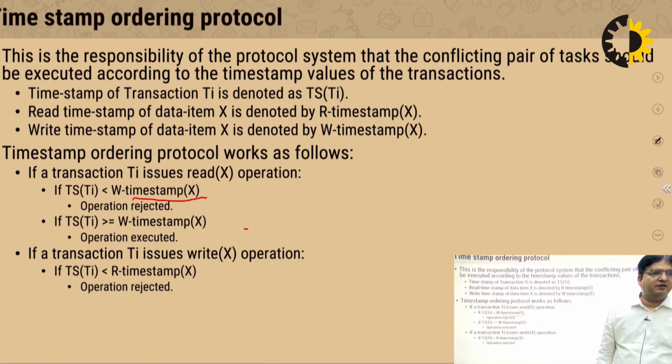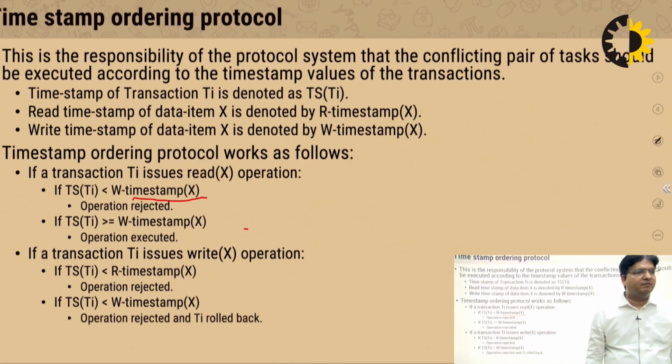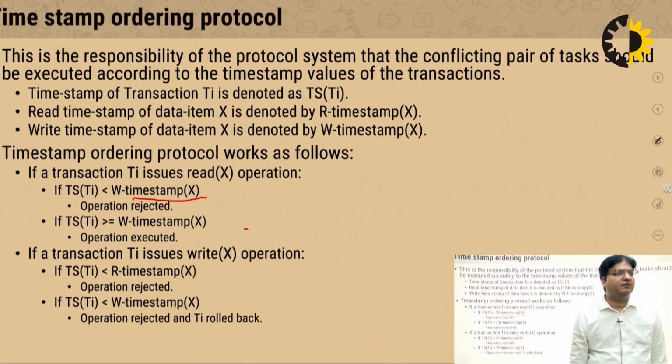So it would be writing an obsolete value and cannot be given permission to perform that operation. Again, if TS(Ti) is less than the write timestamp, then transaction Ti will not be given permission, since a newer transaction has come into the system and already written the value of X. So again Ti was too late in performing the desired operation and will not be given permission.